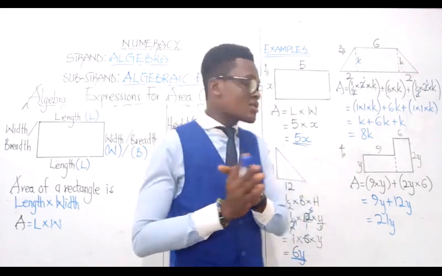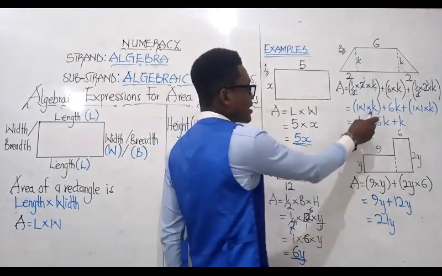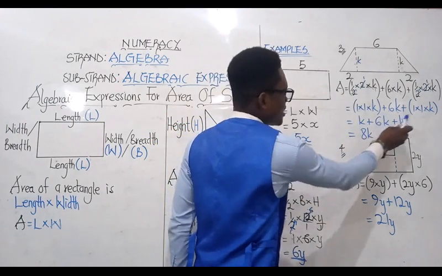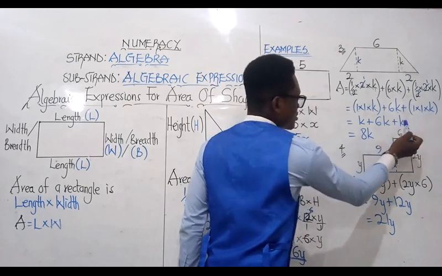I believe you are clear with it. So 1 times 1 is 1, and 1 times k is k, plus our 6k, and then here too, 1 times 1 times k is k.